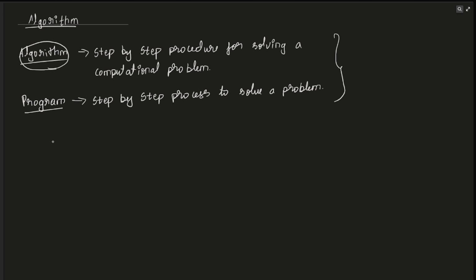Now let's answer two more questions. The first one is, what languages should an algorithm and a program use? An algorithm can be written in the English language like a paragraph or in mathematical notations, but the recommended option is mathematical notations.